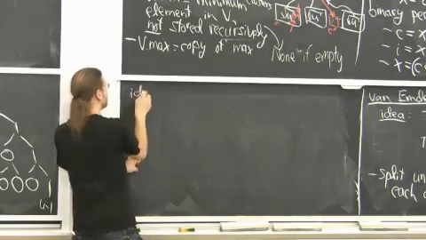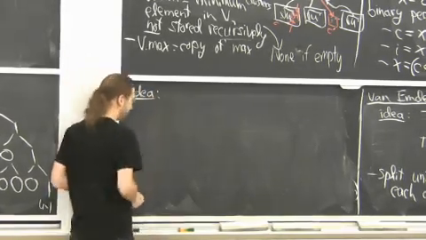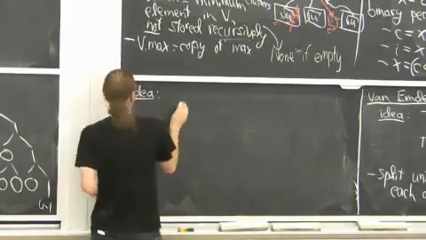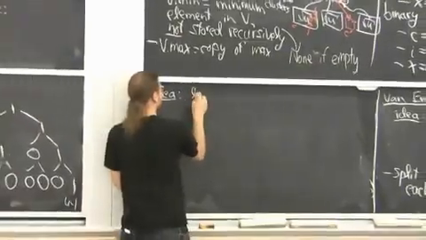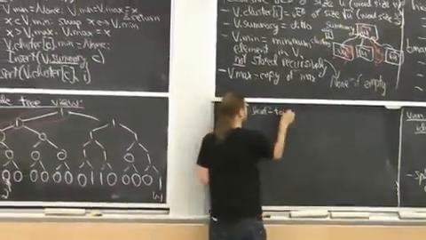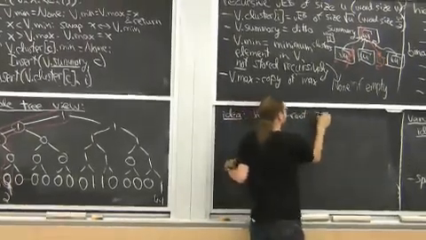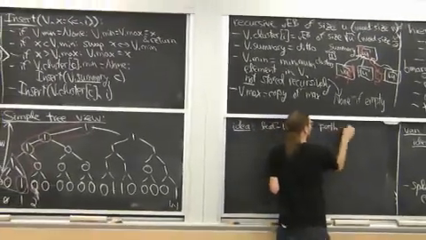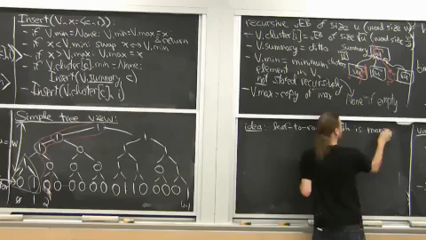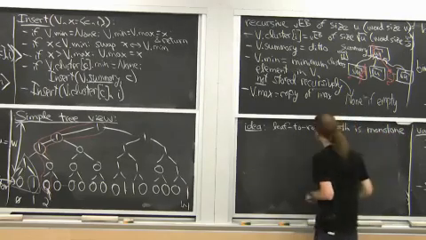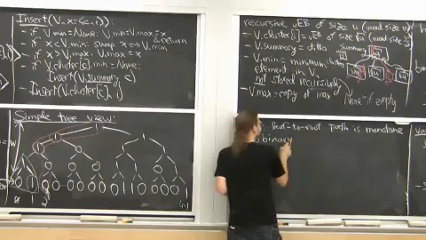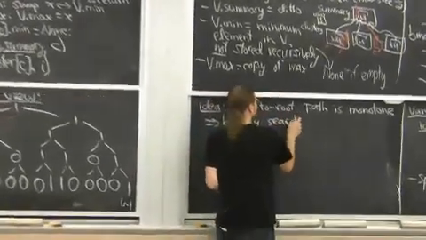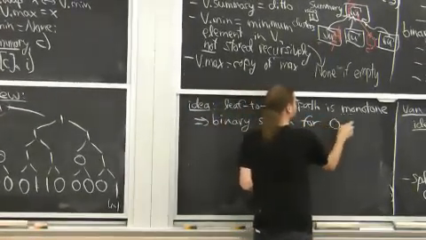So this is the new idea to get log u predecessor successor, is to, let's say, any root to leaf path is monotone. It's 0 for a while, and then it becomes 1 forever. So we should be able to binary search for the 0 to 1 transition.